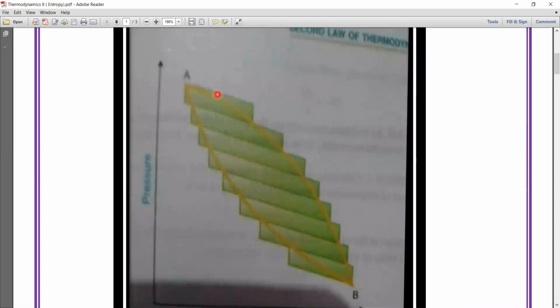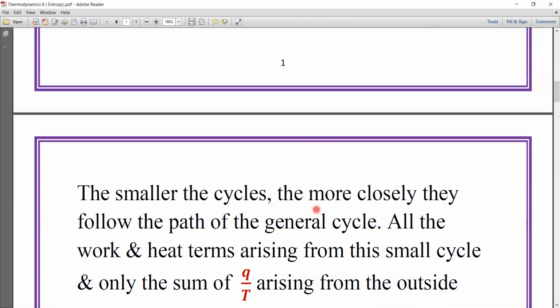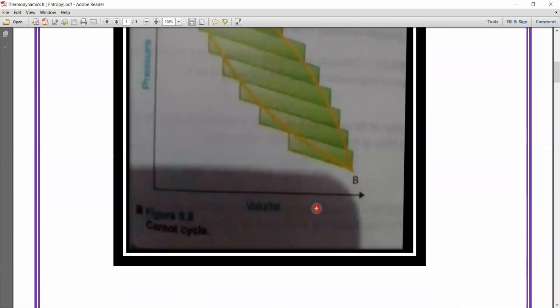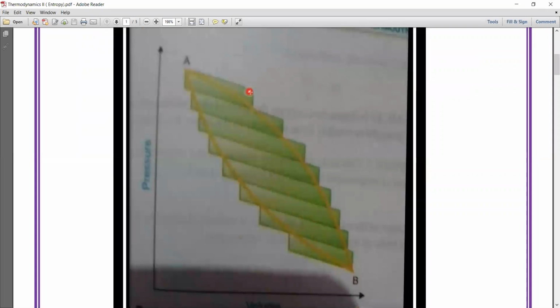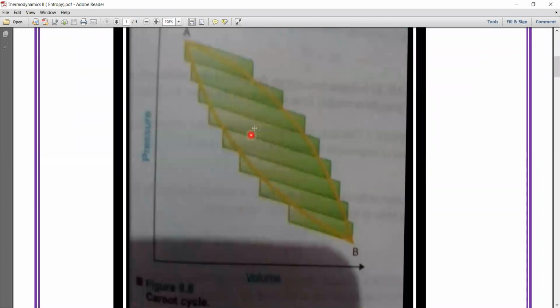This is part first and this is part second, and each consists of two isothermal and two adiabatic steps. And then this cycle can be divided into a great number of infinitesimally small Carnot cycles. So these are the infinitesimally small Carnot cycles outside the ABA.